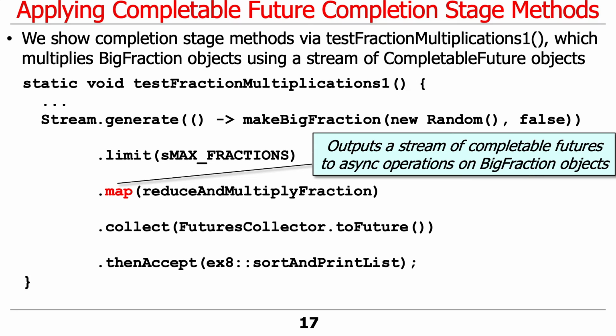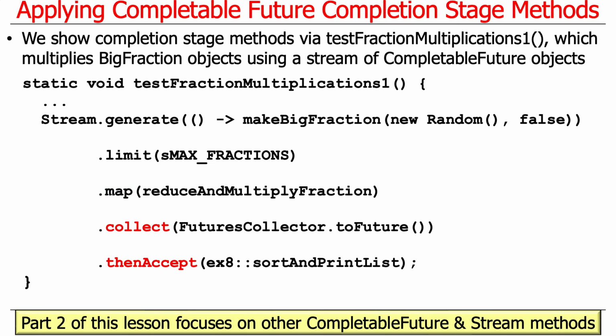What we do next is very important to understand, especially for assignment 4. We're going to collect that stream of asynchronously running completable futures to big fractions into a single completable future that, when all the things running in the background complete, will itself complete.